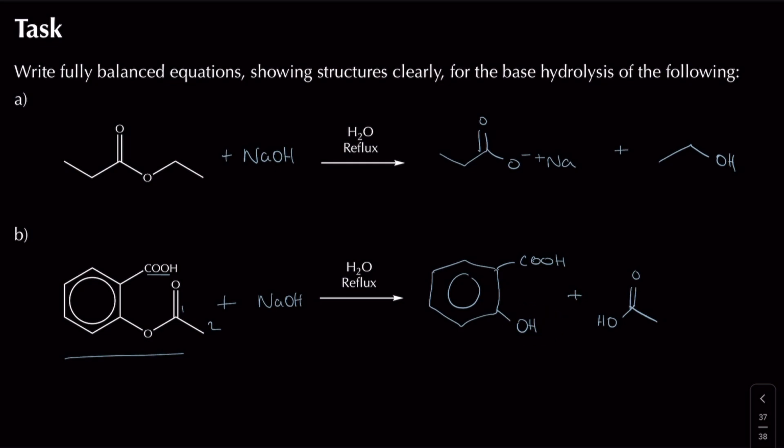So in that case, I need to get rid of this hydrogen over here, this one over here, and this one over here, and what I end up forming is a minus charge here, and then a positive charge for the sodium, a minus charge here for this phenoxide part, and then a positive charge for the sodium, and then again the same thing for this carboxylic acid, which forms a carboxylate ion, an ethanoate ion, which is also going to be sodium, with a positive charge over there as well. And so I need 3 lots of sodium hydroxide to get this to react. A very challenging and very tricky question, that one.